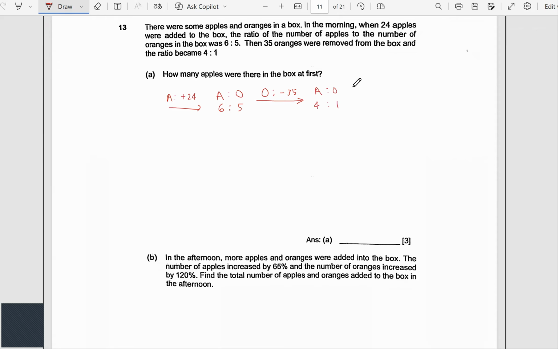Now, what's the common base between these two ratios? From here to here, the apples didn't change. Okay, so 6 and 4, common multiple is 12. So times 2 to get 12. Then here times 3 to get 12.